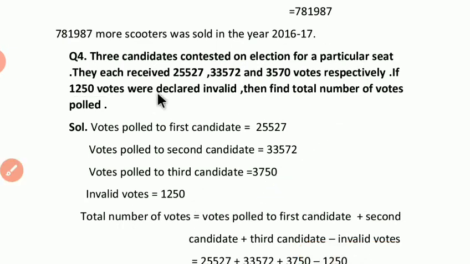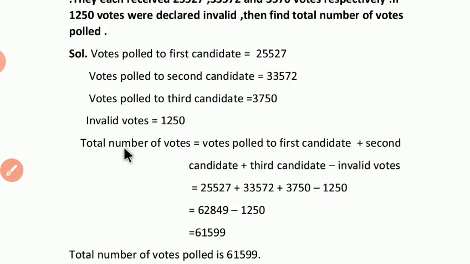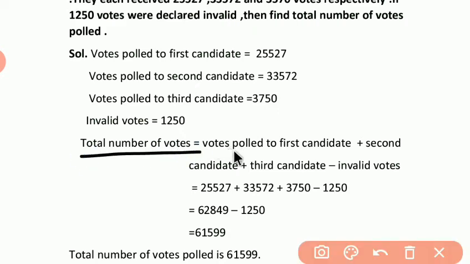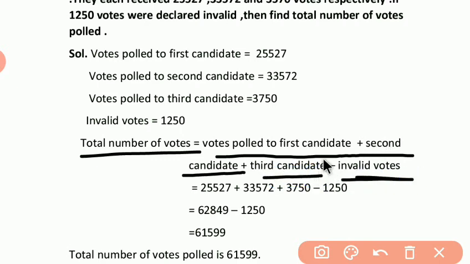So we have to find, out of these votes, when 1,250 votes were declared invalid, how many total votes were polled for the three candidates. So votes polled to the first candidate plus votes polled to the second candidate plus the third candidate.